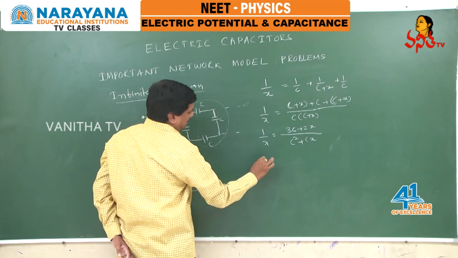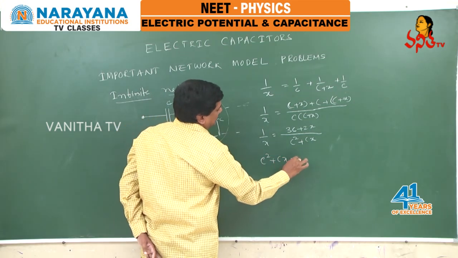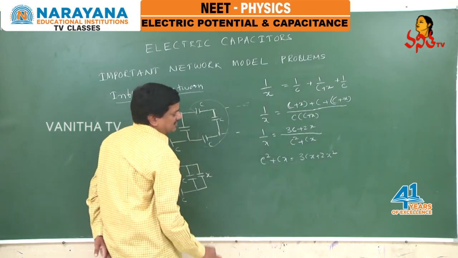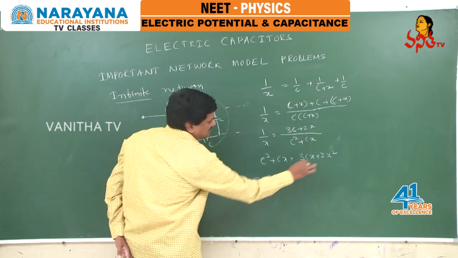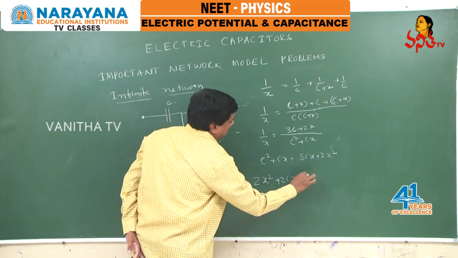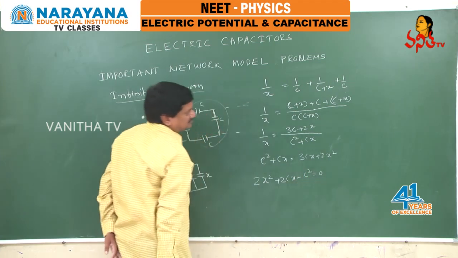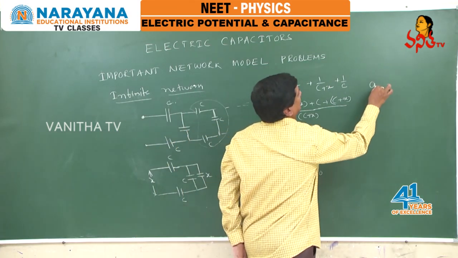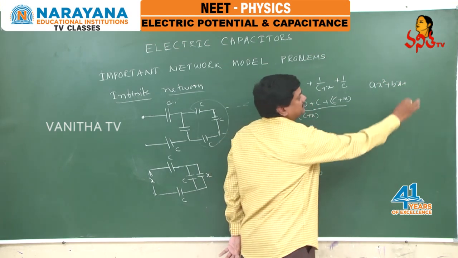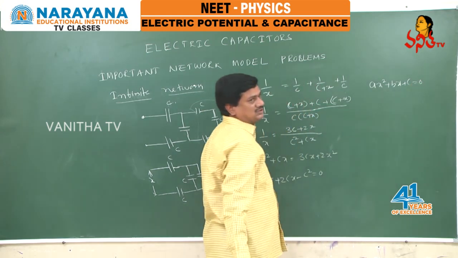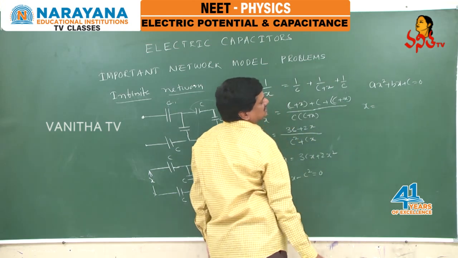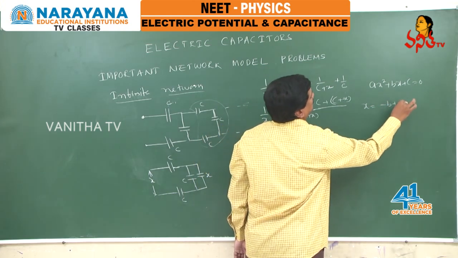By cross multiplication, C square plus CX equals 3CX plus 2X square. Finally, we'll get a quadratic equation like this: 2X square plus 2CX minus C square equals 0. This equation is in the form of AX square plus BX plus C equals 0. By comparison, we know that the X value is minus B plus root over.